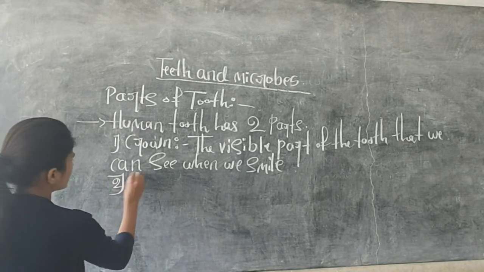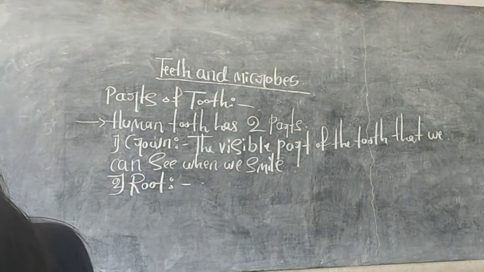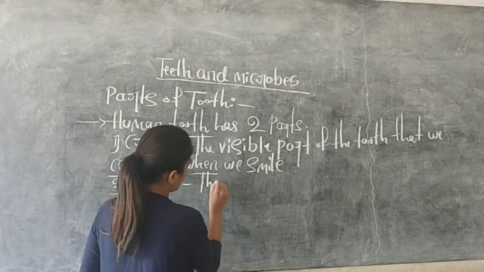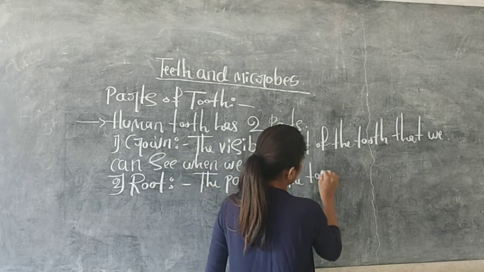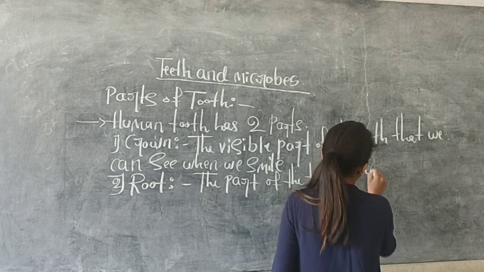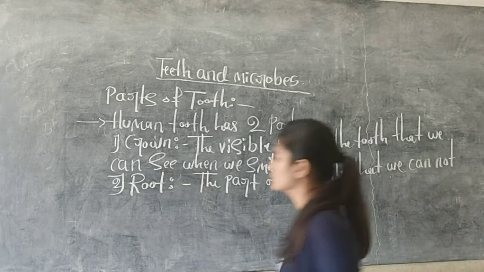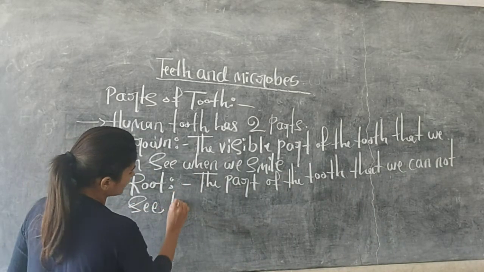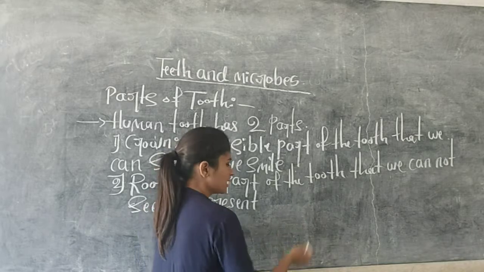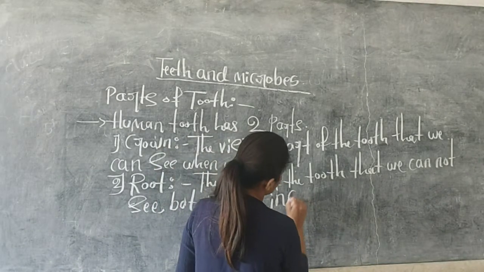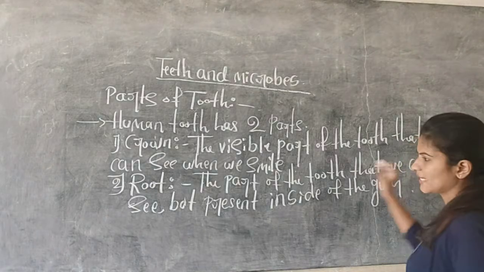And the second one is the root: the part of the tooth that we cannot see, but which is present inside of the gum, is called the root.